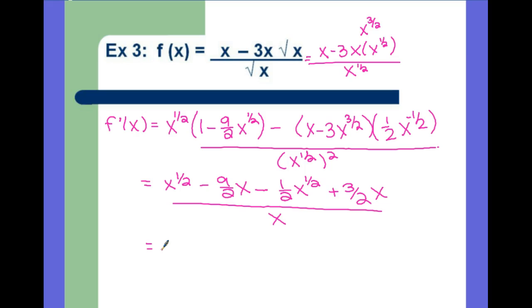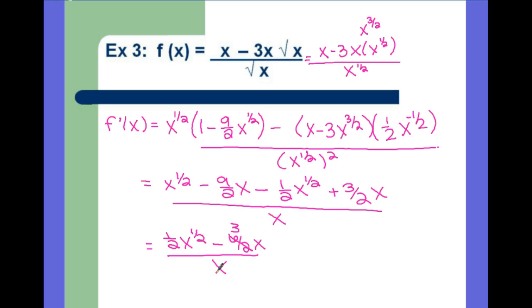X to the 1 half minus 1 half x becomes 1 half x to the 1 half. Negative 9 halves plus 3 halves becomes negative 6 halves x. 6 halves is really 3, all over x. And because we're going to do this again, I just want to simplify it.